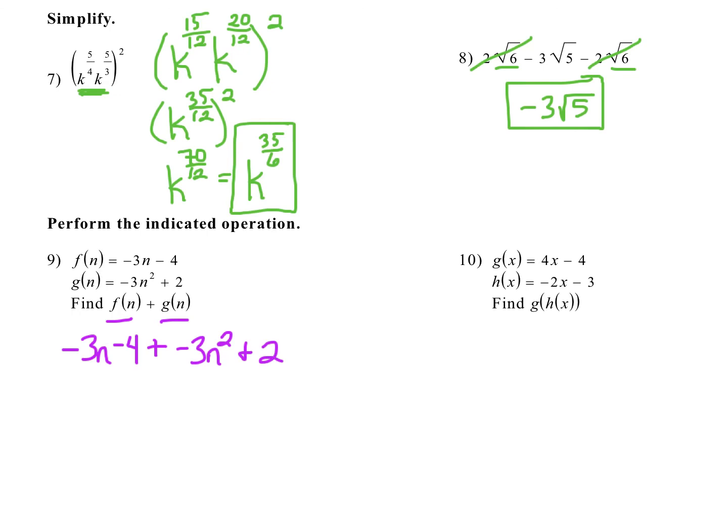And I just combine like terms. Well, negative 3n squared doesn't have anything to match up with. Negative 3n doesn't have anything to match up with. And negative 4 plus 2 is negative 2. And that's all I can do.